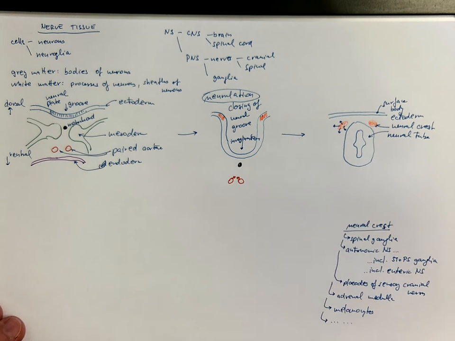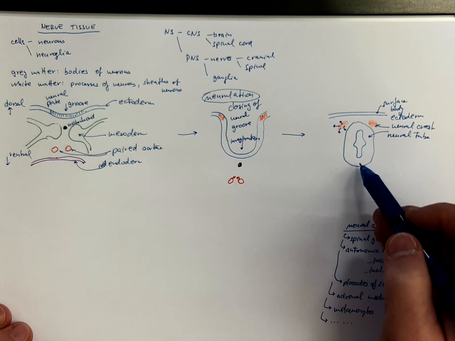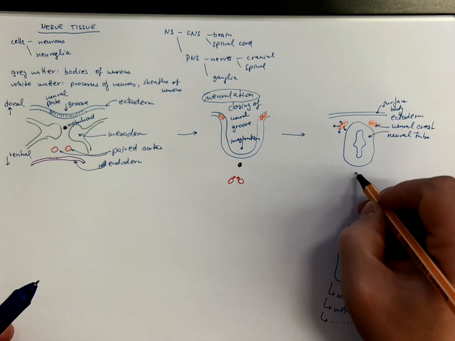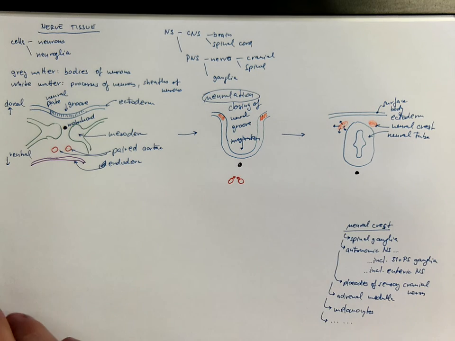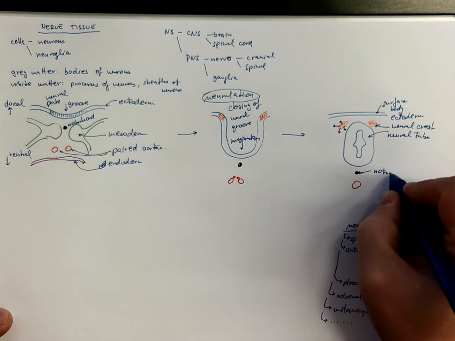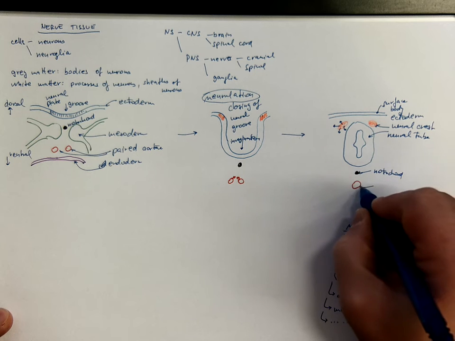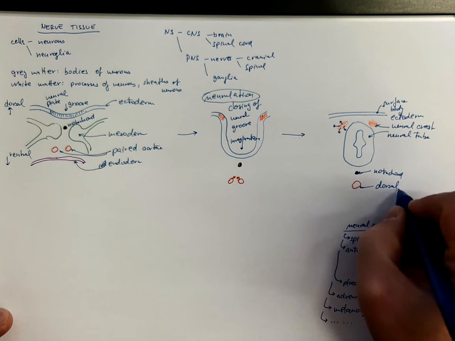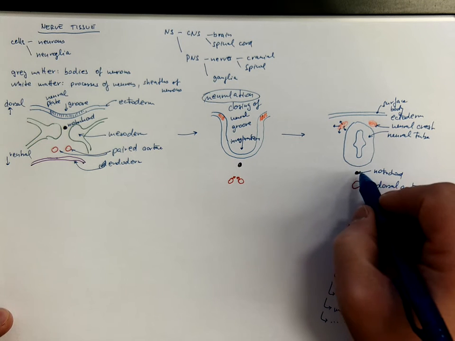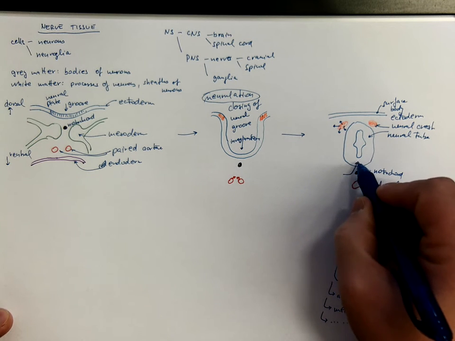If we go back to the organization of the neural tube, below which we will find the notochord and the dorsal aorta. Then the neural tube has a basal plate ventrally.